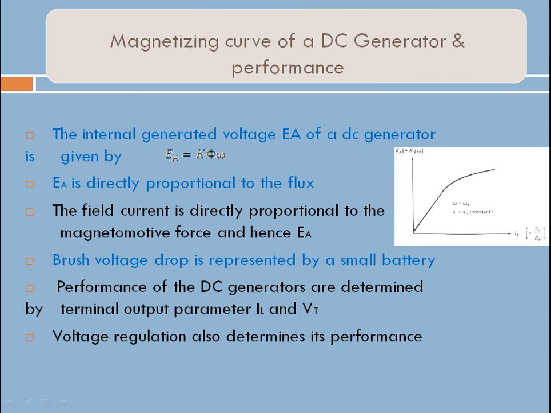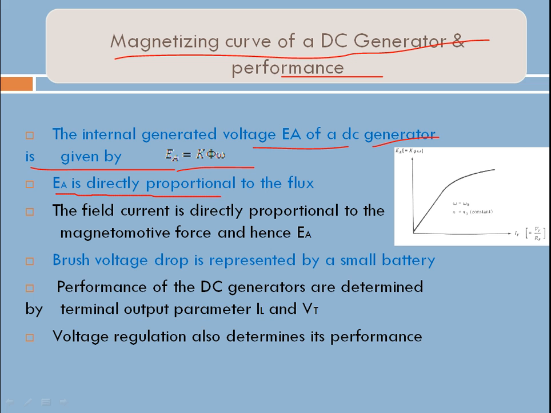Now the magnetization curve for a DC generator. The internal generated voltage EA of a DC generator is given by EA equals K phi omega. EA is directly proportional to the flux. EA is the armature induced voltage. The field current is directly proportional to the magnetomotive force, and hence EA.